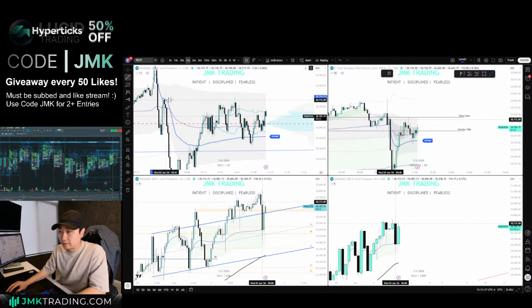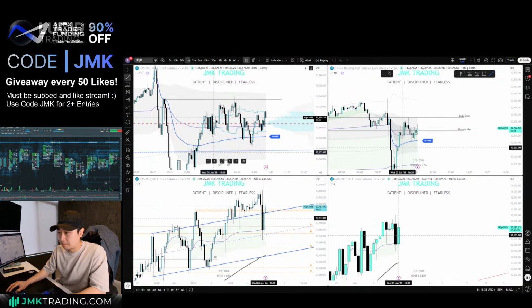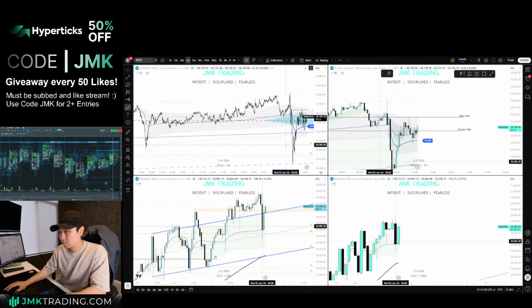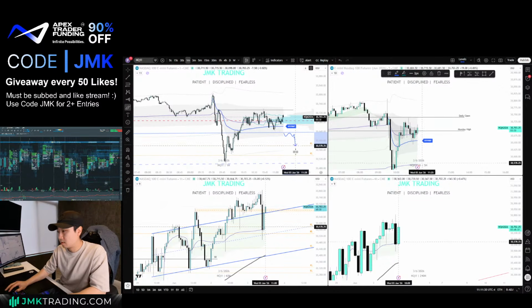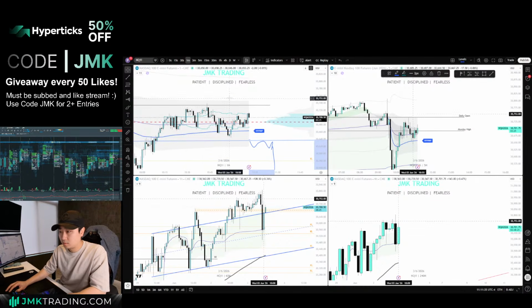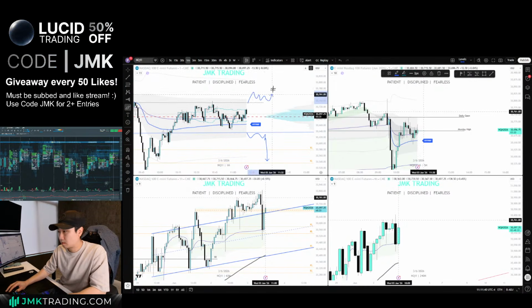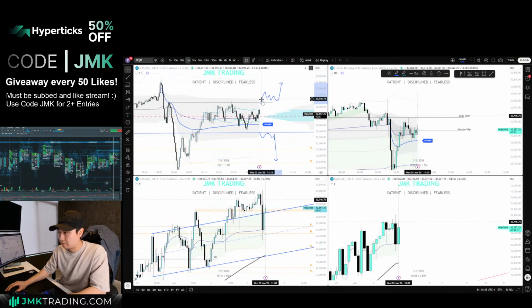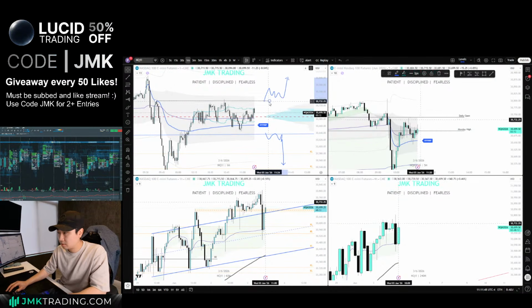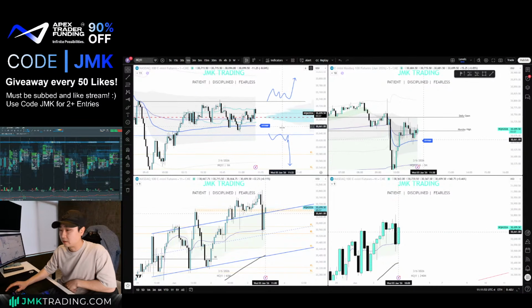This is the level that I really like. Lower level, I want to break this. Upper level, I want to break this. Inside is not really anything I would want to touch. I think your edge is really diminished. So I'll be watching this. I think your edge is strong trading it whichever way.